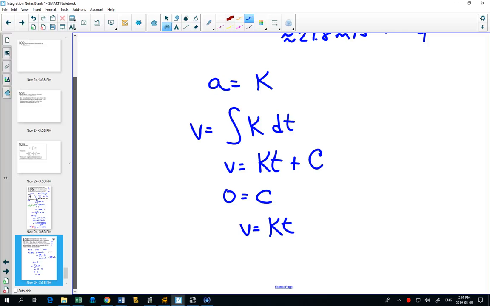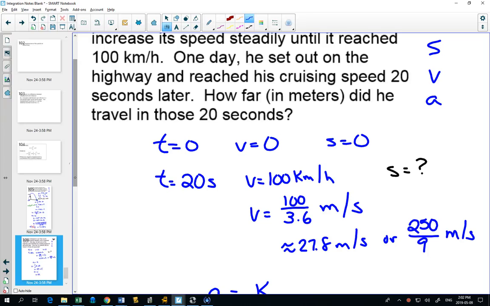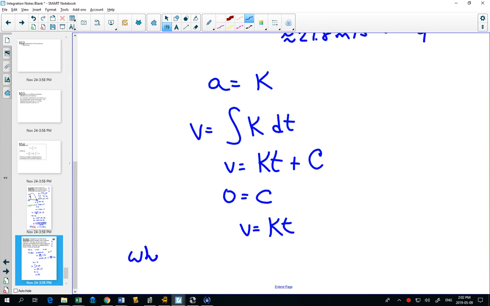Looking back at the information that I said I knew at the beginning, I have at time 0 velocity 0, but I also have at 20 seconds the velocity was 250 over 9. How is that helpful? I know that when t is 20, when t is 20, the velocity is 250 over 9.